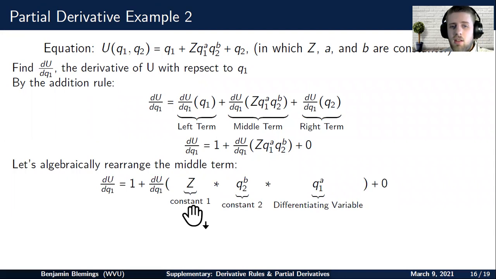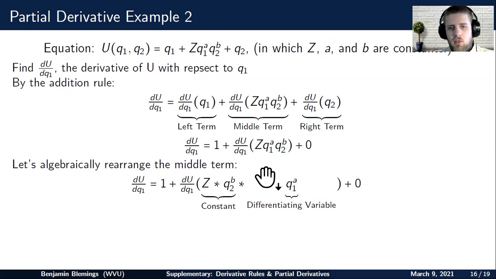It means that z is a constant, q2 to the b is a constant, and this z times q2 to the b power is just some number. We can just treat it as a constant. We don't need to do the product rule or anything like that.